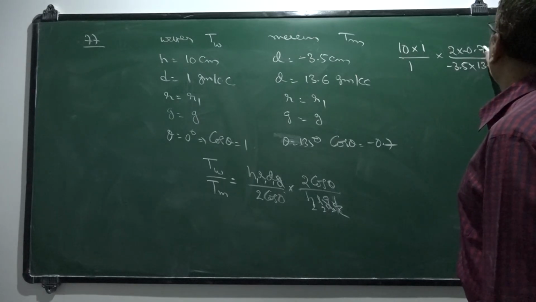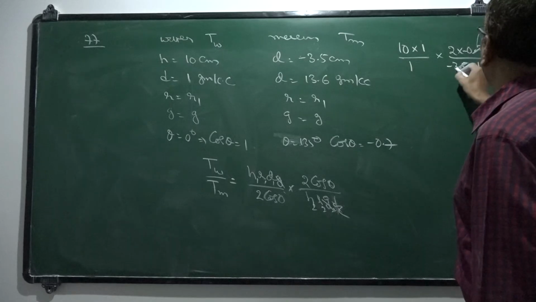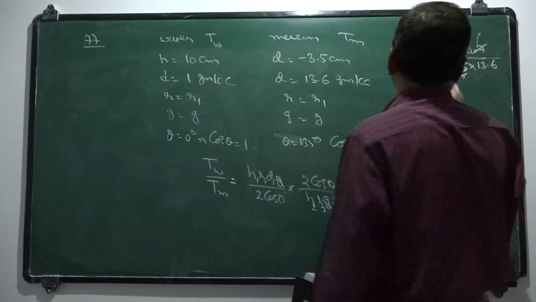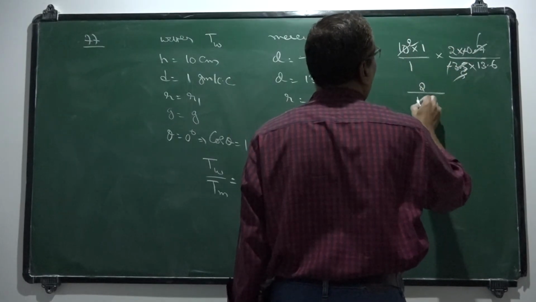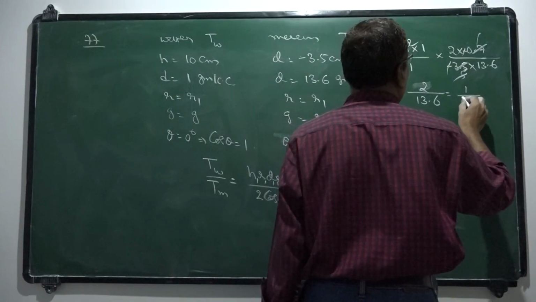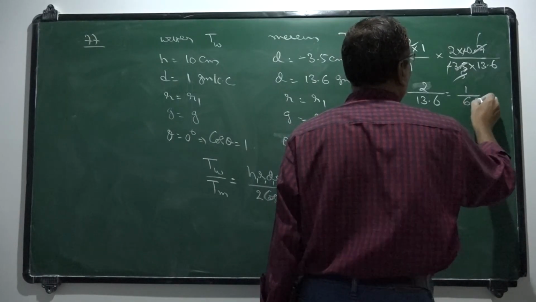So approximately 5 times 1 and 5, minus will get cancelled, 2 into 2 is 4, 4 divided by 13.6, that is 1 divided by 6.8.